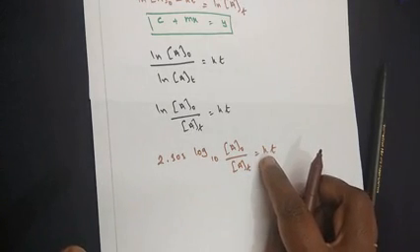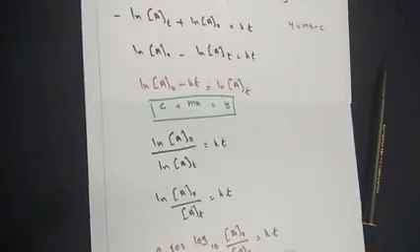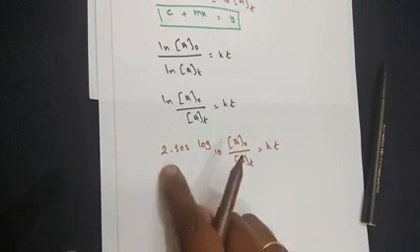Now K is called the rate constant. To calculate the rate constant for the first order reaction, let's change the sign and take t on the other side.